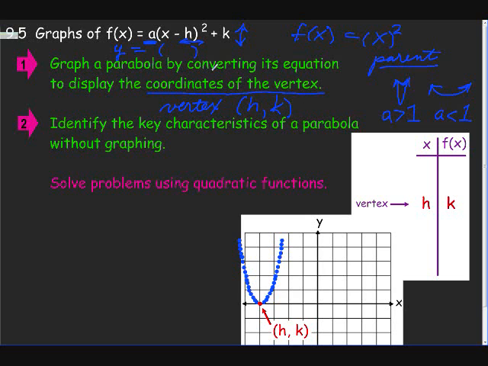So in a quadratic function, if you convert it into this vertex form, you can look at it and know what h is and what k is for your vertex. And the second objective here, identify the key characteristics of a parabola without having to graph it.